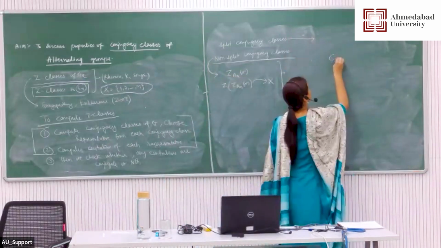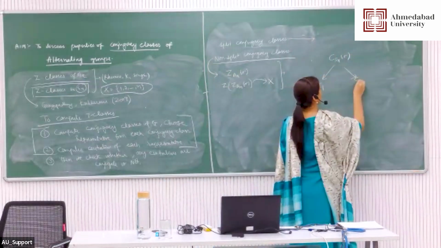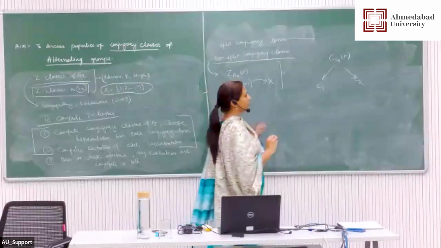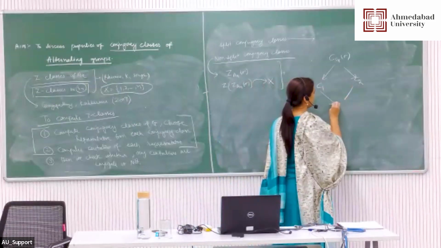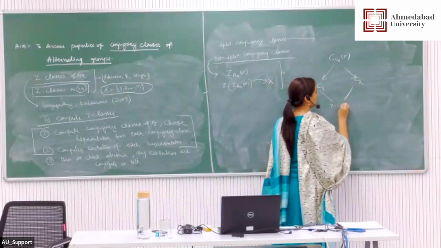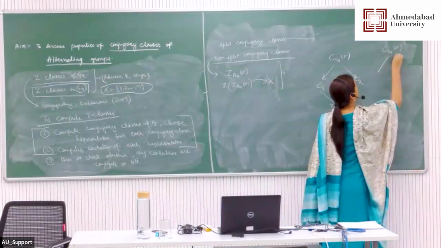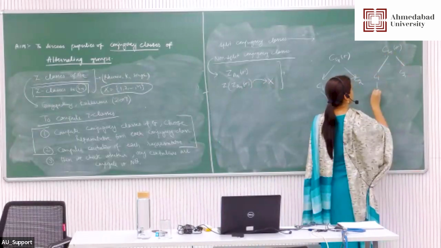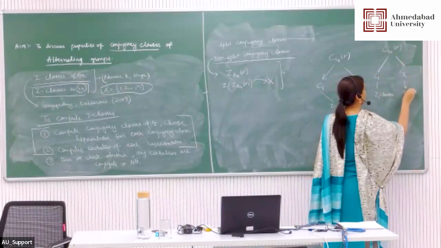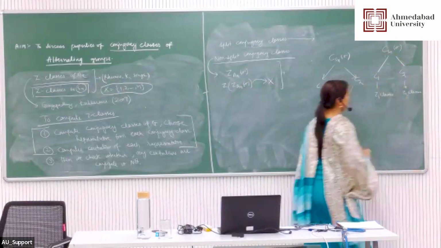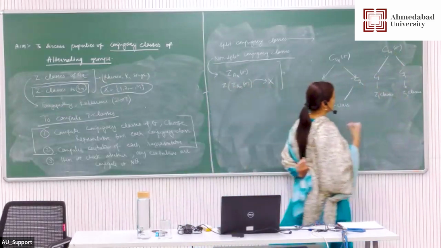What is happening here is that a conjugacy class in Sn got split into two conjugacy classes. Now two possibilities are there. Number one is that both can be in the same G class, or they can form different G classes. Now when does this happen? In terms of partition theory, I will tell you.